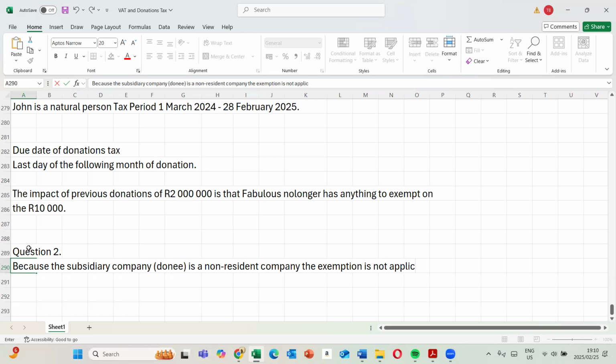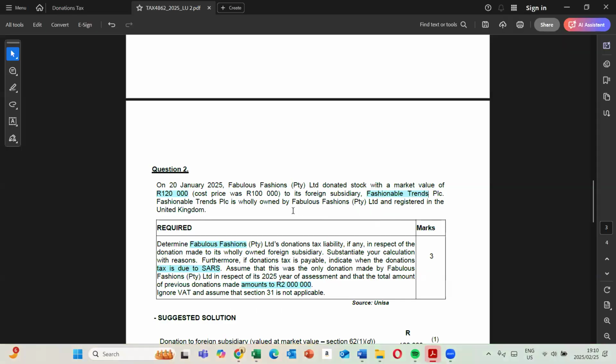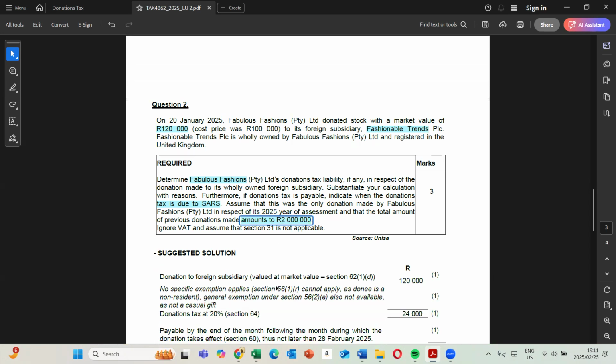But if it was a donation to a resident company in the same group of companies, or if they twisted it and said it's not a foreign subsidiary but a South African subsidiary, it was going to be exempt from donations tax. But because this foreign subsidiary is non-resident, this transaction is subject to donations tax.